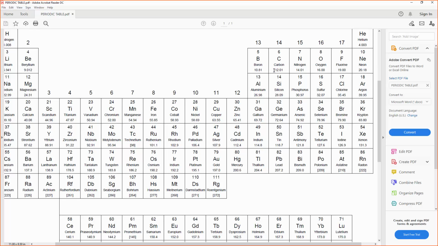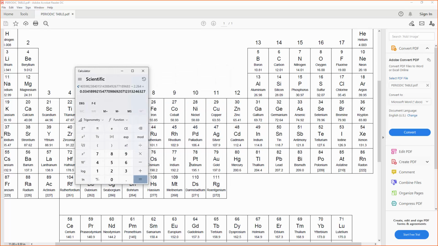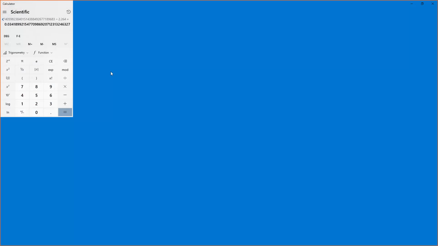So it looks like it has about, on average, 6 protons for every 6 neutrons. You'll see the mass doubles here for each of these elements in the second row. But if you're looking down at something like platinum, which has 78 protons, you can see it's got 195 for its total mass.